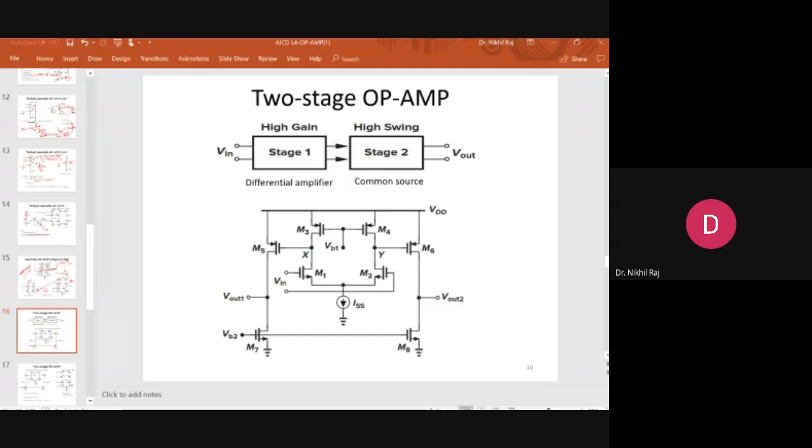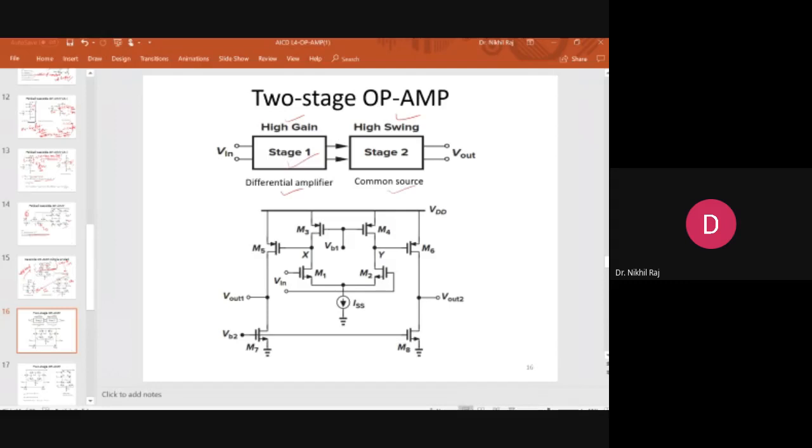When we design a two-stage op-amp, the stage one is the core block of the op-amp. Stage one will consist of a differential amplifier, and that will be focused on having high gain. Stage two will be focused on having high swing. We get high swing if we use a common source amplifier.